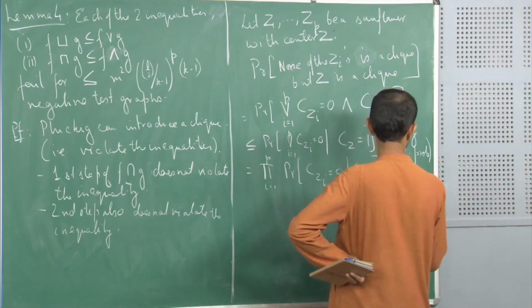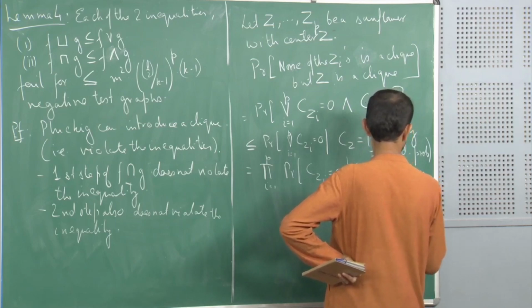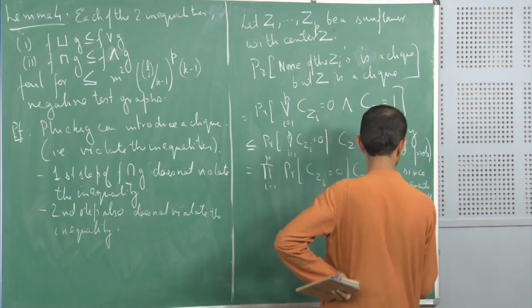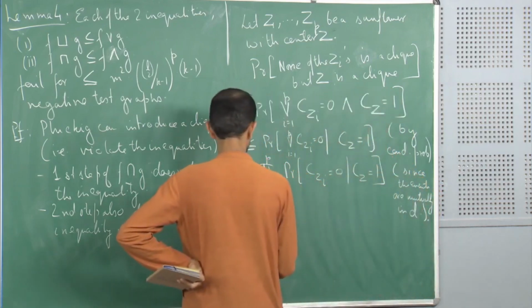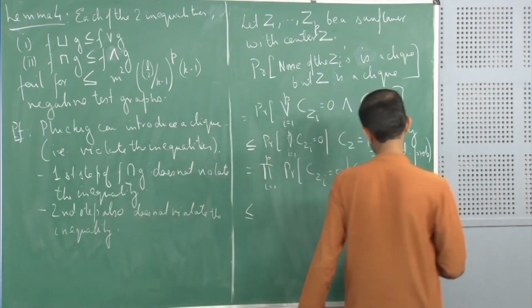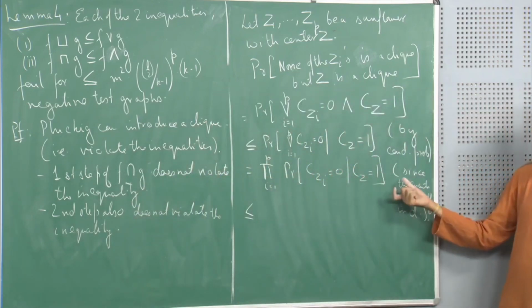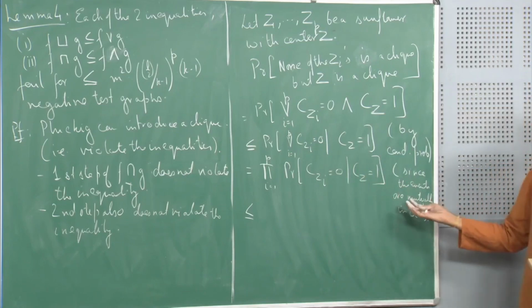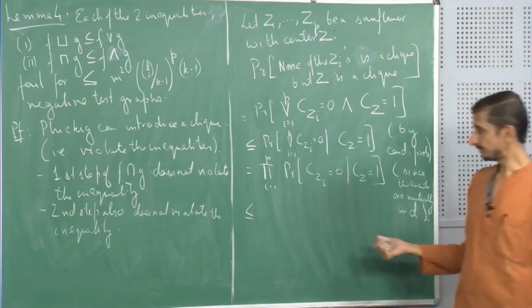Since the events are mutually independent, now observe these two events, CZi equal to 0 and the event CZ equal to 1. These are negatively correlated. So the correlation between these two is negative.